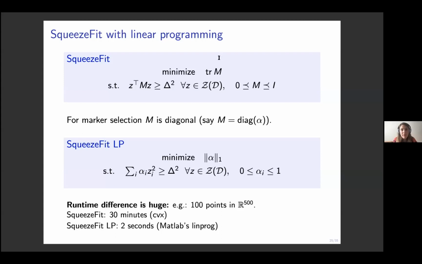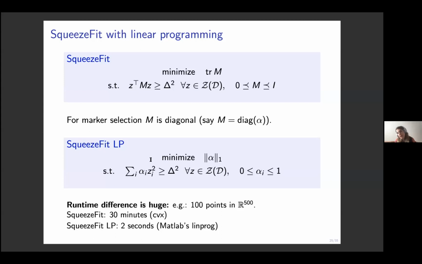And you can say, now, M is going to be a diagonal matrix that decides whether you pick gene I for I equals 1 to 3,000. And instead of minimizing the trace of M, you're going to minimize the one norm of this diagonal vector of your matrix.